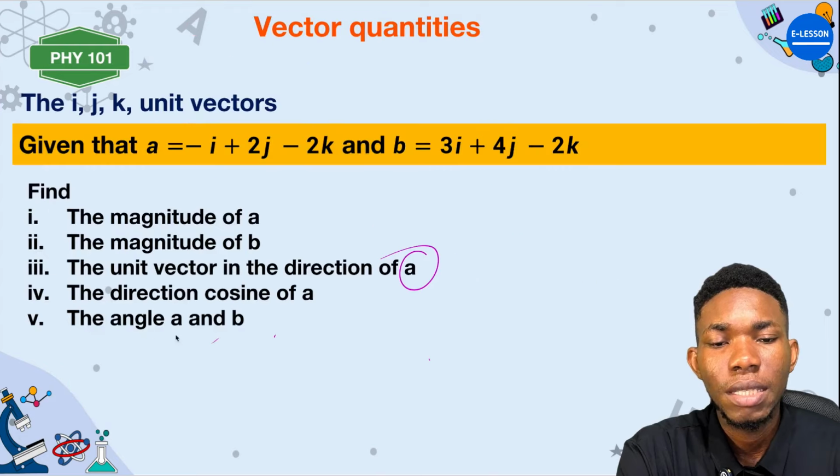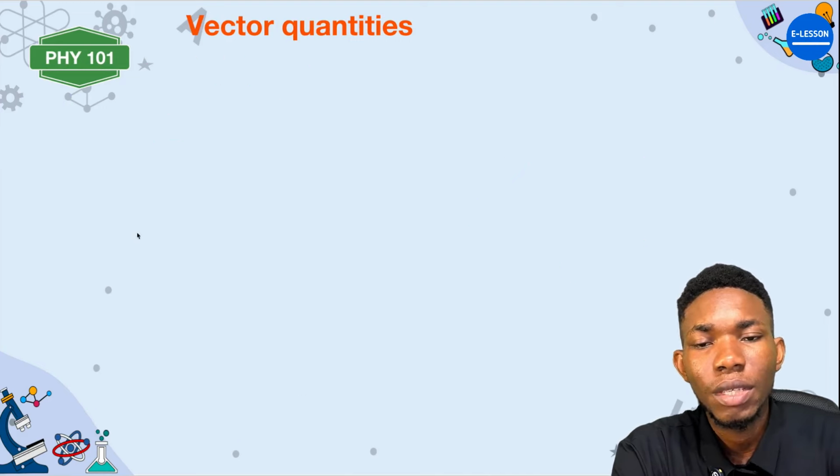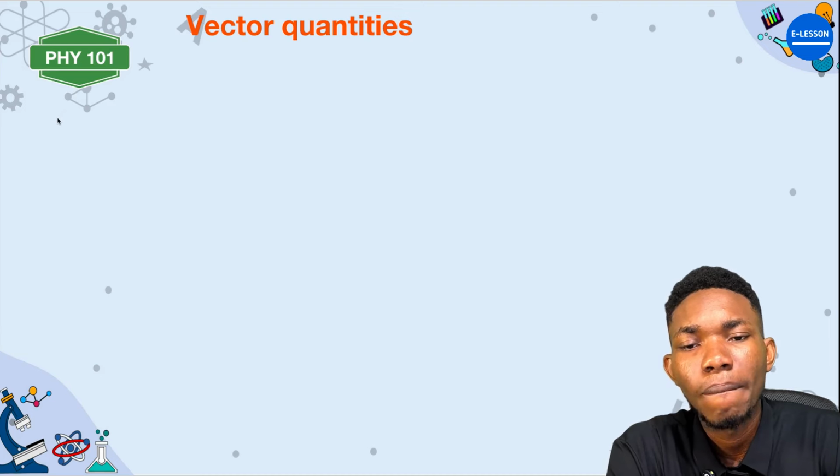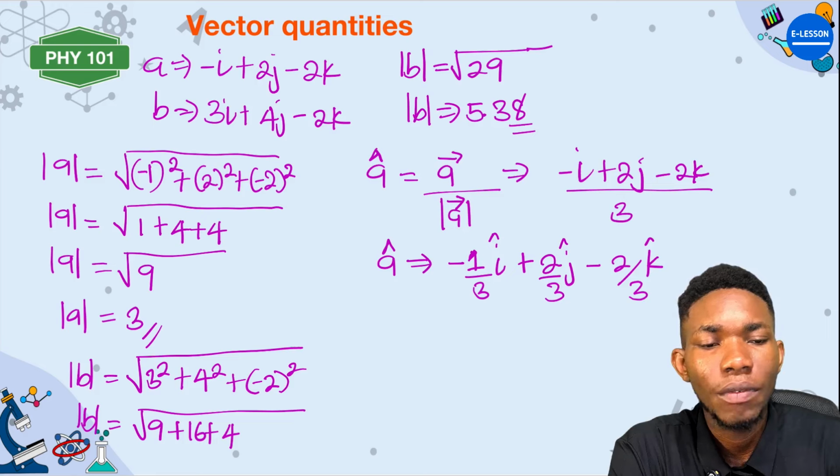The next question says the direction cosine of A. Now, my dear student, how do you find the direction cosine of A? The direction cosine of A is our vector all over the magnitude of A, for each of the components.